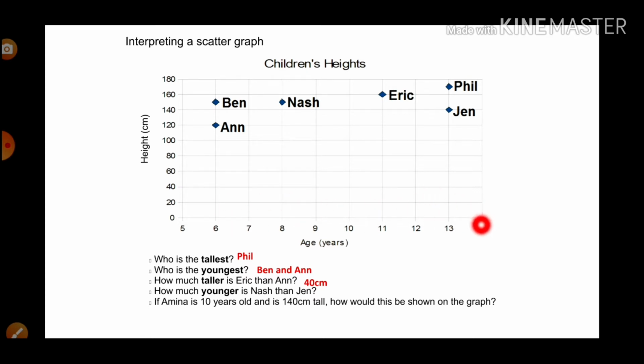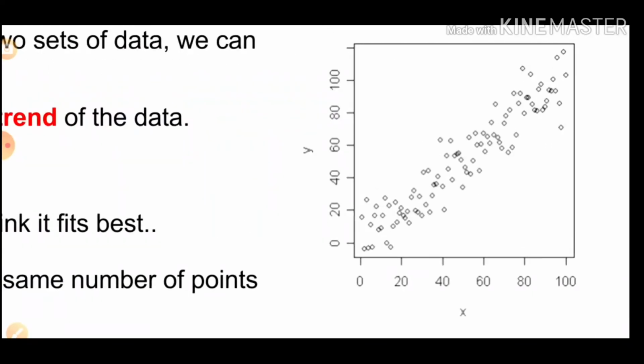Nash is 8 and Jen is 13. So what's the difference? 5 years difference. If Amina is 10 years old and 140 centimeters tall, she would lie somewhere around here. Once we plot all this data, it's going to make a scatter plot like this.